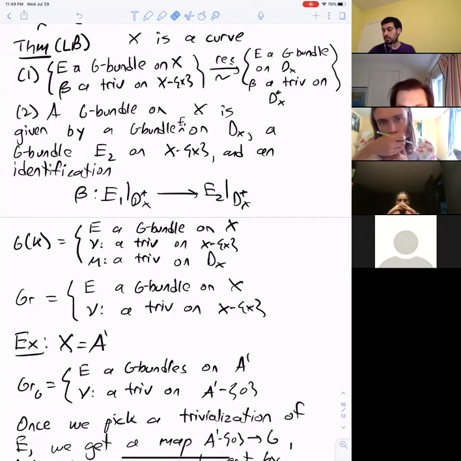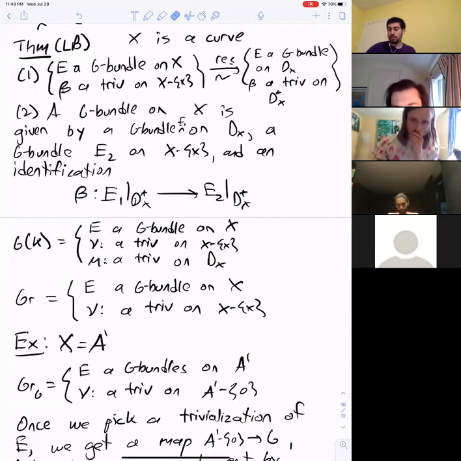Like in Xinwen Zhu's paper, he just defines the affine Grassmannian like this. Just to give one example, if we have a G bundle on a curve, we can think of these elements, which we can call raviolis, the guys which were a G bundle on two disks glued together away from the origin.